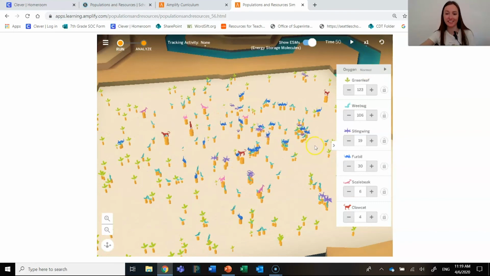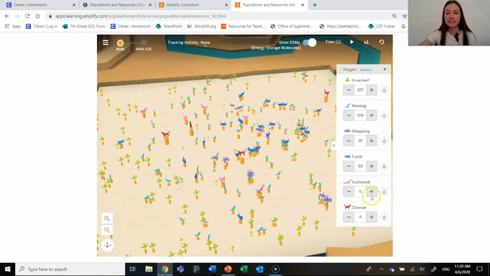All right, so I'm going to pause here, and our first mission was trying to decrease the number of claw cats in 2 different ways. One way we already know would be to decrease the number of scale beaks. This would mean less energy storage molecules for the claw cats, and that would mean they would be having less births, and they then would have a decrease in their population.